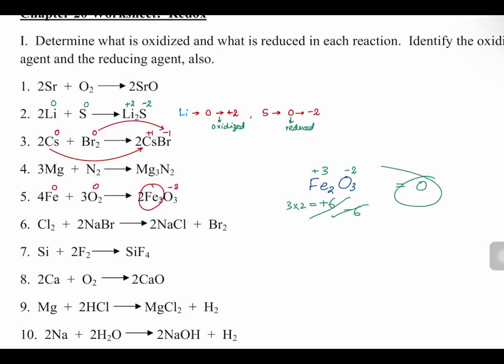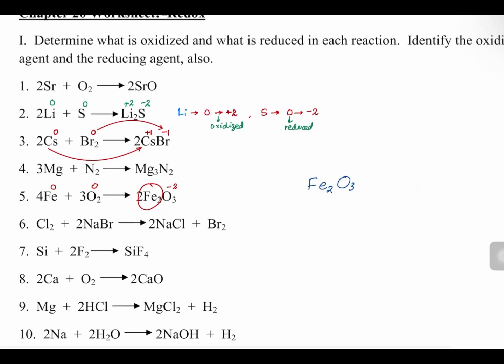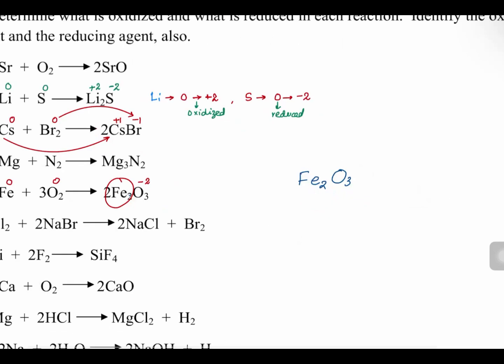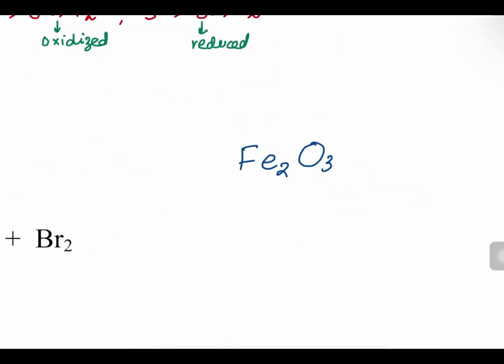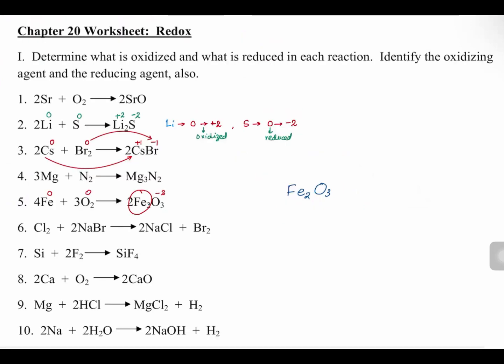So this is the reason the iron is +3. In short, you can just find out the charge by looking at these numbers. This 3 is the charge of iron and this 2 is the charge for oxygen. It's very simple.